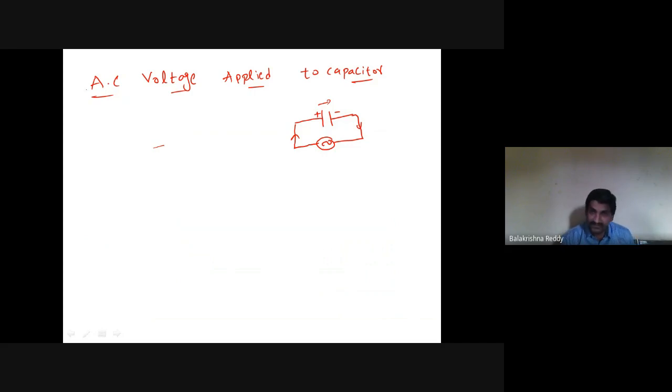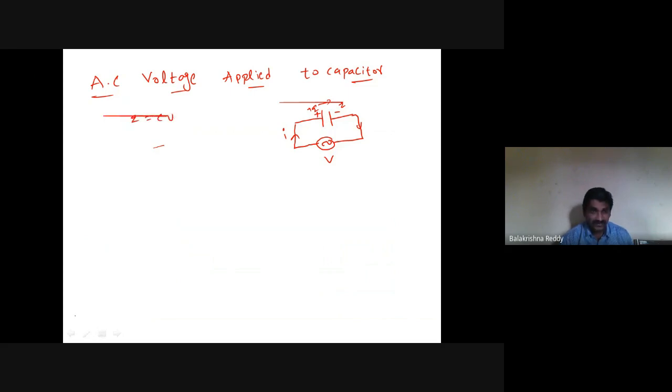Since this is a voltage we are supplying from the source, current flows in it, and charge develops here, positive charge here and negative charge there, that we know. Now, the instantaneous charge on the capacitor is Q equal to CV.